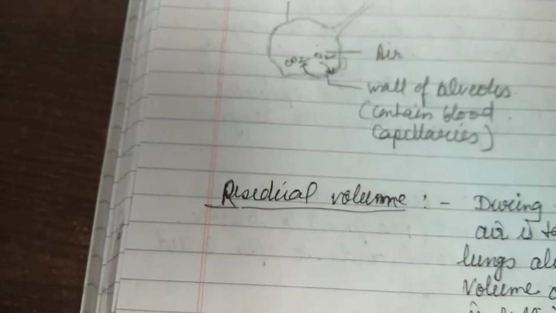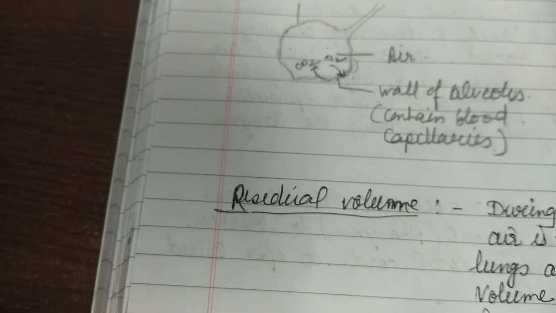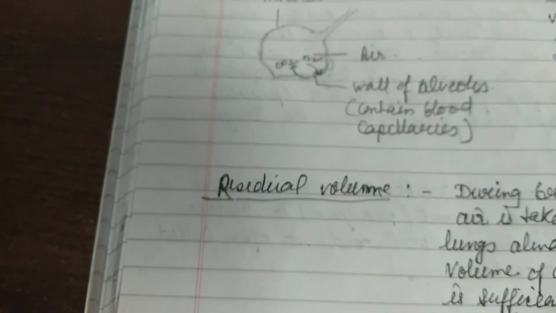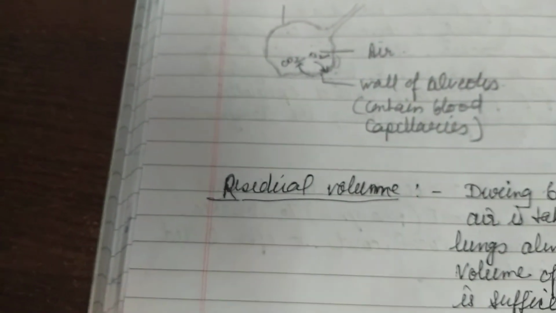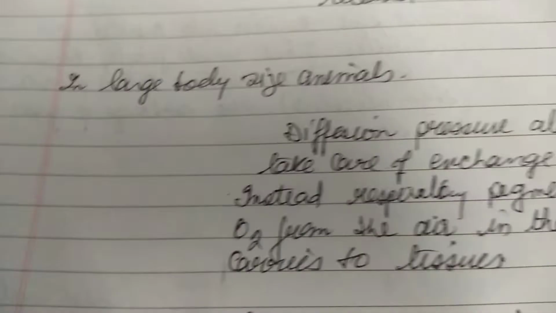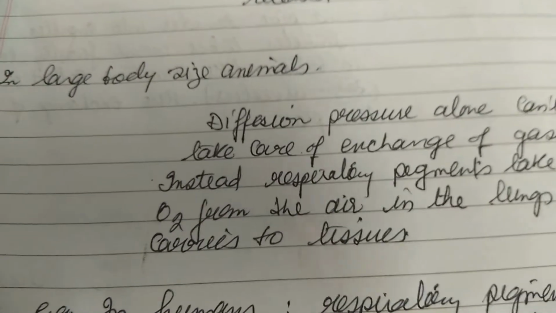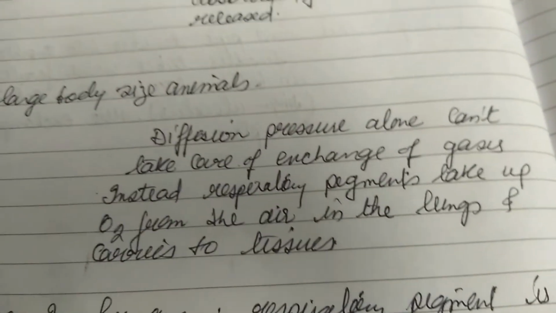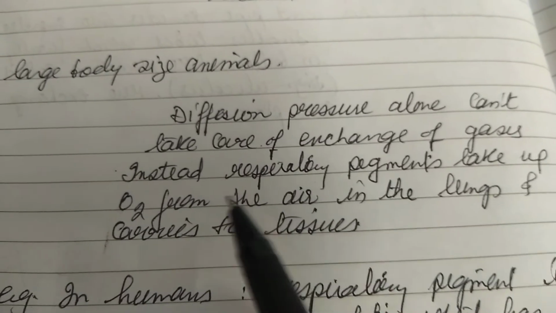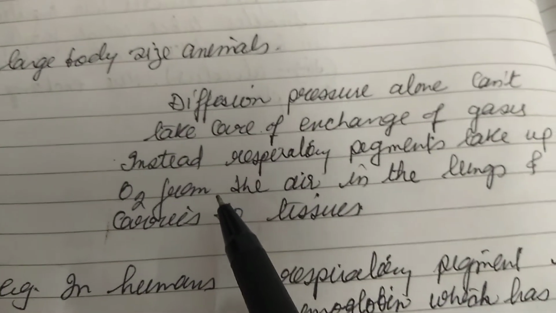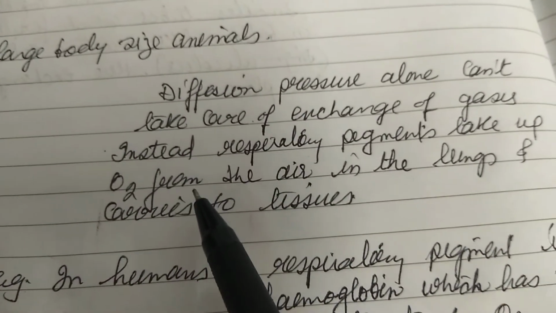So in large body size animals, this process occurs, but what extra they have is that in blood there are respiratory pigments also. Clear? So, if we talk about human beings, everybody knows about hemoglobin, right?